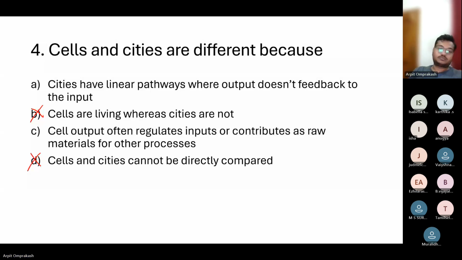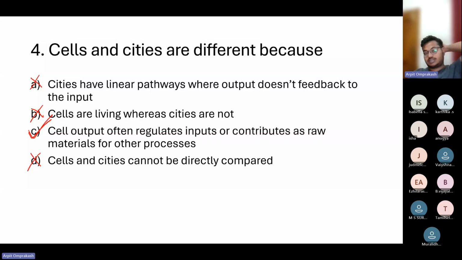Right. Now, the rest of the options are A, cities have linear pathways where output does not feed back to the input. This is false because things like recycling are cases where the output is feeding back into the input. And option C, cell output often regulates inputs or contributes as raw materials for other processes, is true, because the output of a cell often regulates its inputs and also contributes as raw materials for other different processes.